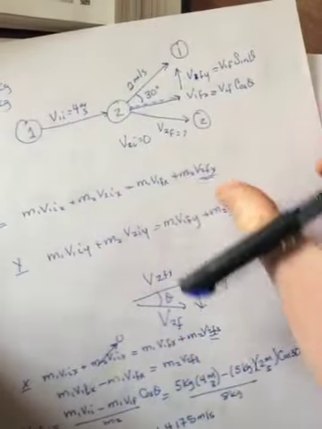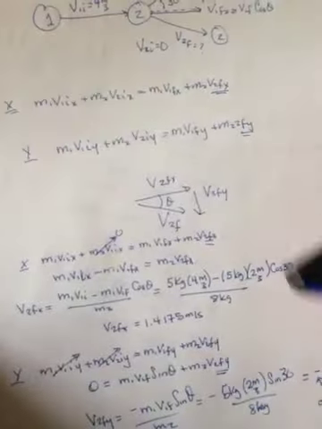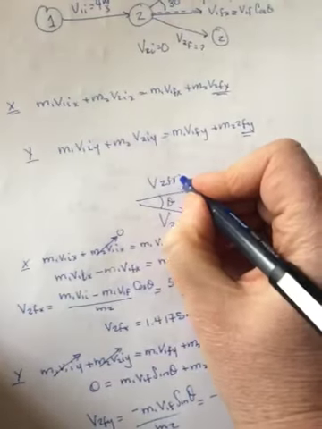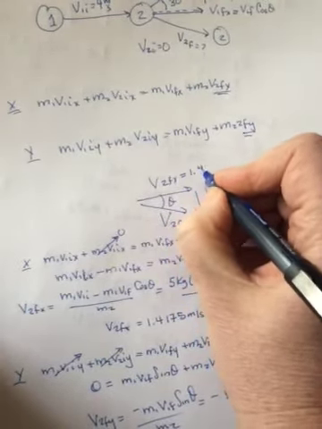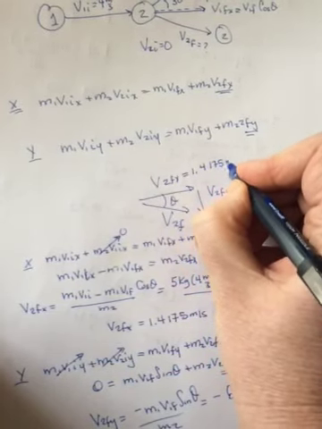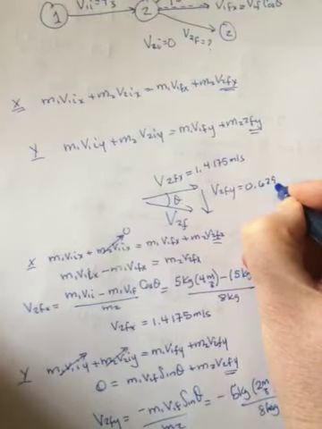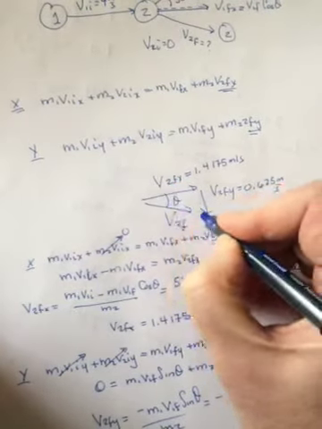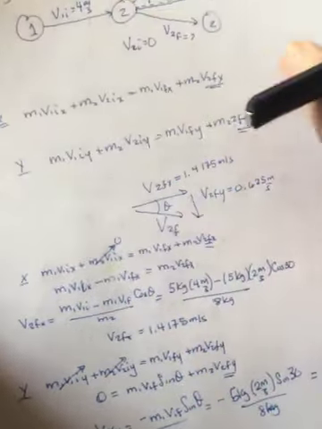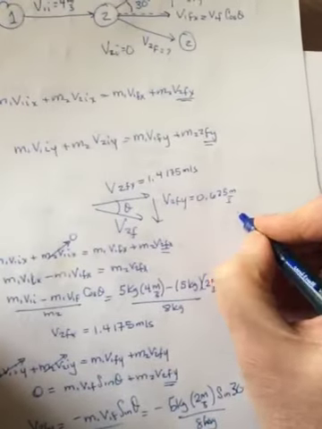So now we have these two components that I was drawing for you just before the video ended. The x component is 1.4175 meters per second. The y component is 0.625 meters per second. And so now you're going to square them and add them together and take the square root and get your vf.